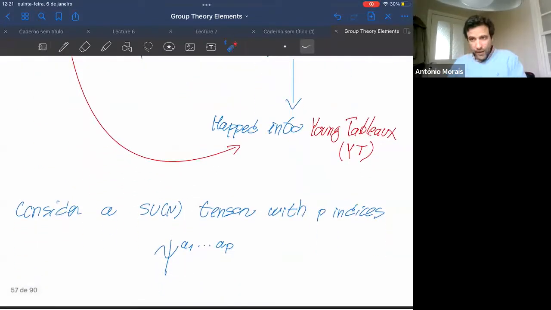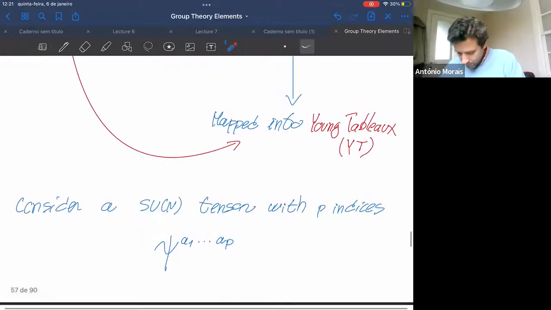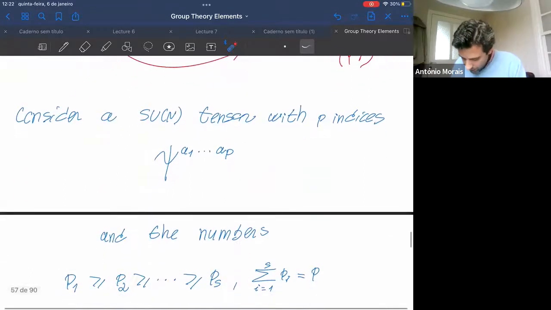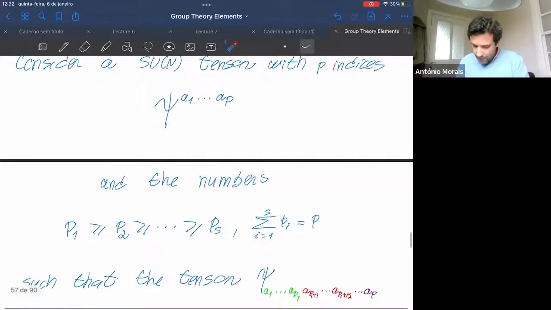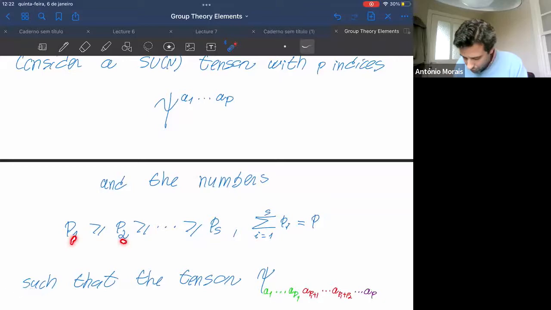So let's make things more concrete. Consider a tensor with p fundamental indices, so they are all here above. Now consider some numbers p1, p2, all the way up to ps, such that the sum of these p_i is equal to p.